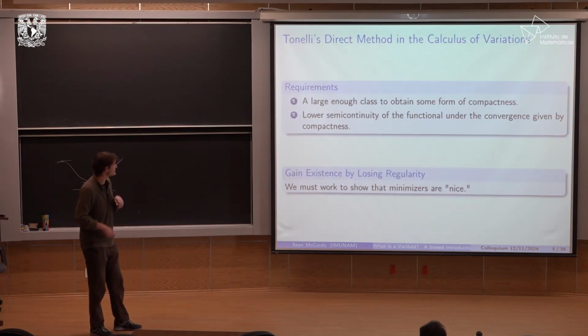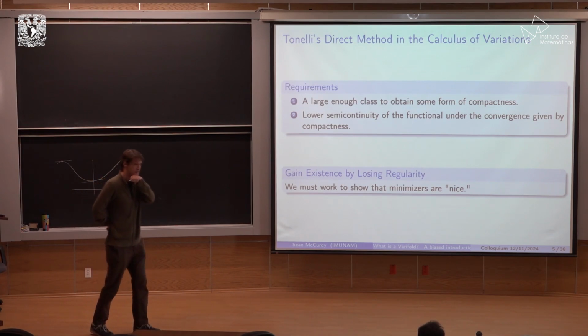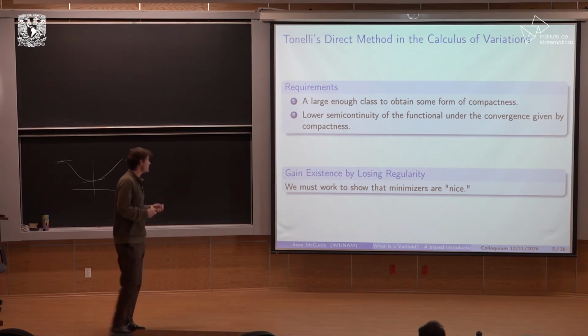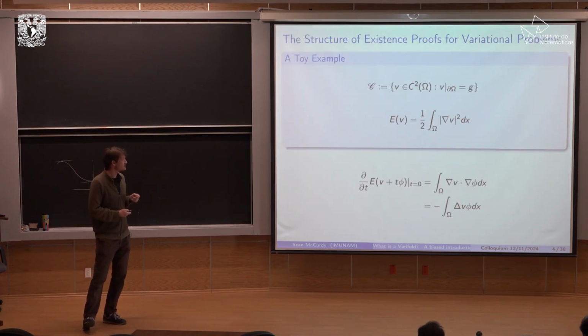Well, what we've just tried to do is the direct method in the calculus of variations, and we've run into one of the things that it requires in order to work. First, we need a class that's large enough for some form of compactness. This is where, in the previous example, we should have considered Sobolev functions.